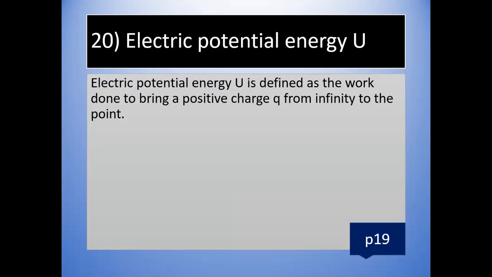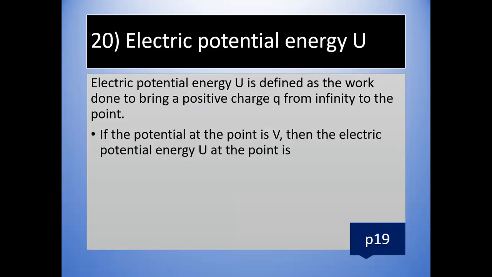Electric potential is defined as the work done to bring a positive charge from infinity to the point. So the electric potential energy U at a point is just your charge times V. And the potential we have calculated there is Q over 4 pi epsilon naught R. So that is the value of potential at the surface of the sphere.